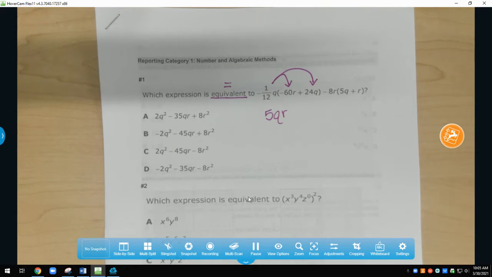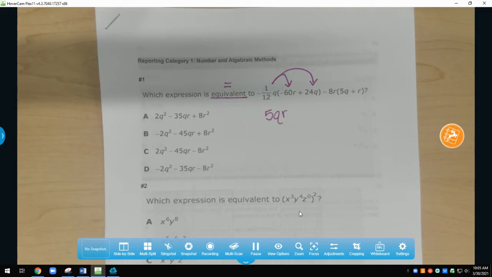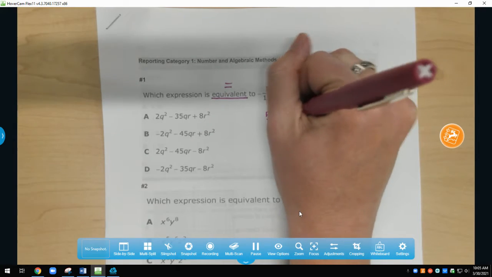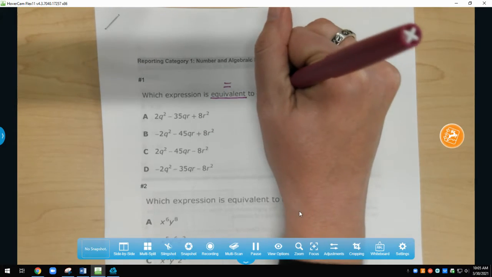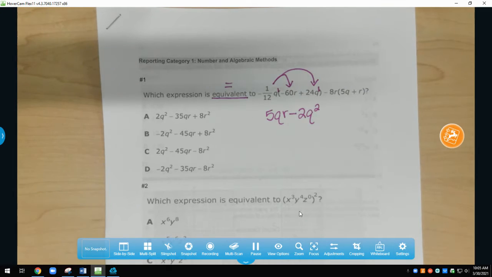And then I'm going to do negative 1/12 times 24. So I get negative 2. I have 1 q here, 1 q here, so that's going to be q squared.